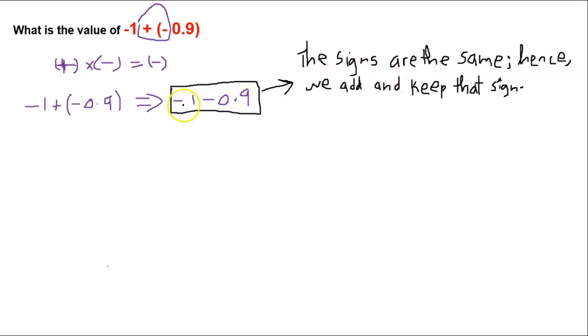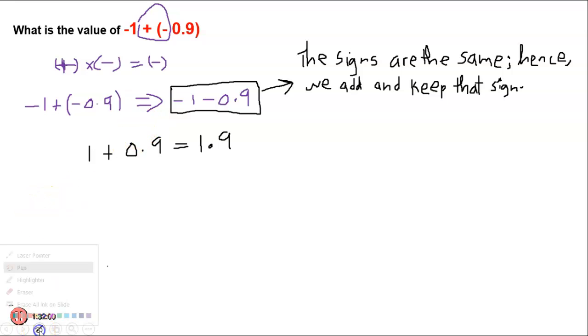So since we add, then we say 1 plus 0.9 equals 1.9. But remember our answer has to be negative because we have to keep the sign.